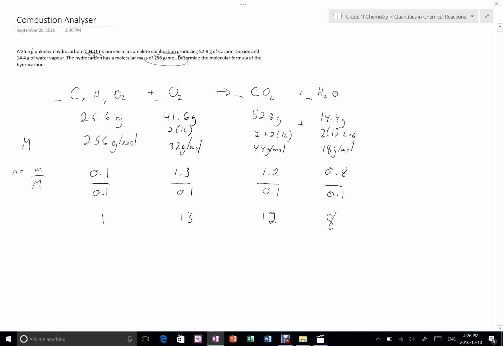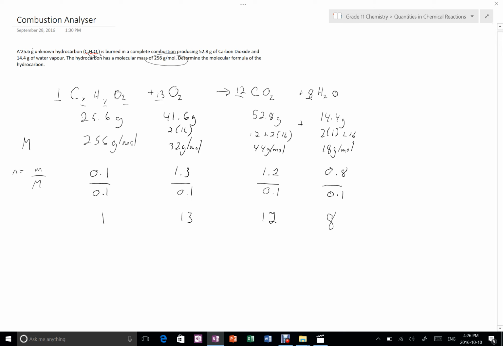So one of these reacted with 13 of these, reacted with 12 of these, reacted with 8 of these. And when I say these, I could have said reacted with 8 particles, or I could have said reacted with 8 moles of particles. It doesn't make any difference. And since both are a representation of the number of particles, this gives us a ratio of the number of particles. Using this now, I can go backwards to discover my actual values for x, y, and z.